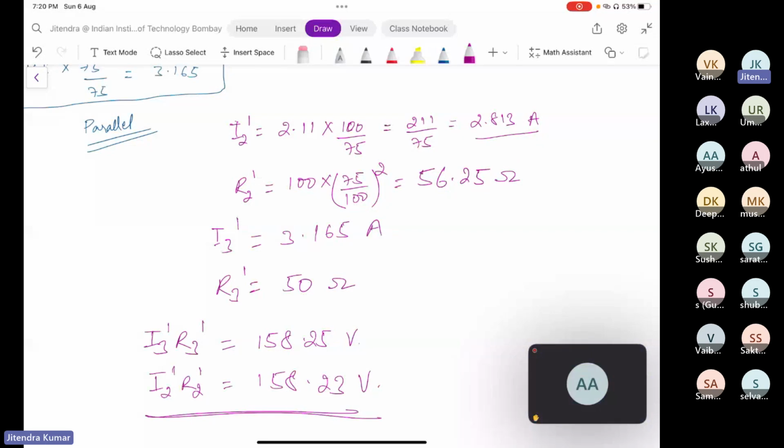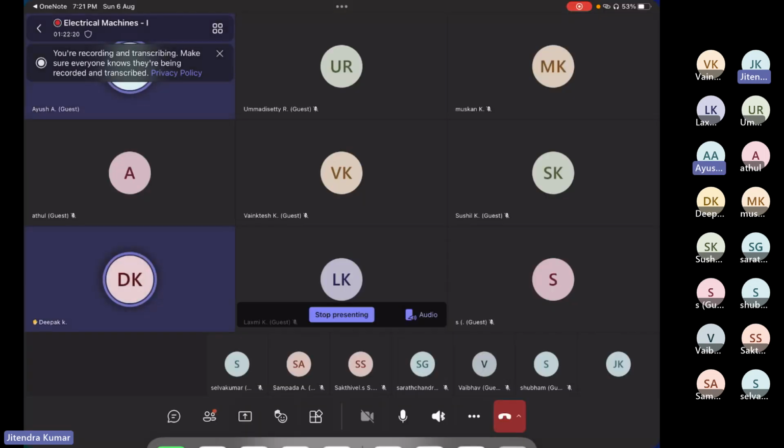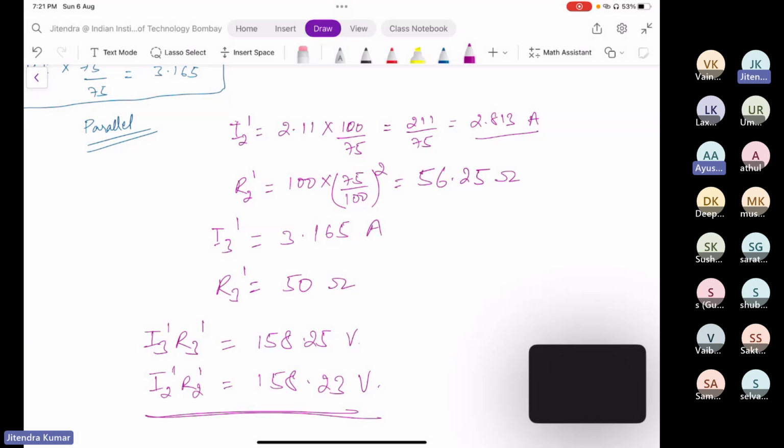So if it is the case, then both will be connected in parallel, right? Yes, sir. Both resistor and cursory will be connected in parallel. Wait. Deepak wants to say something. Go Deepak. Sir, I3 is 3.165, right? Yes, correct. I3 dash also 3.165, right?